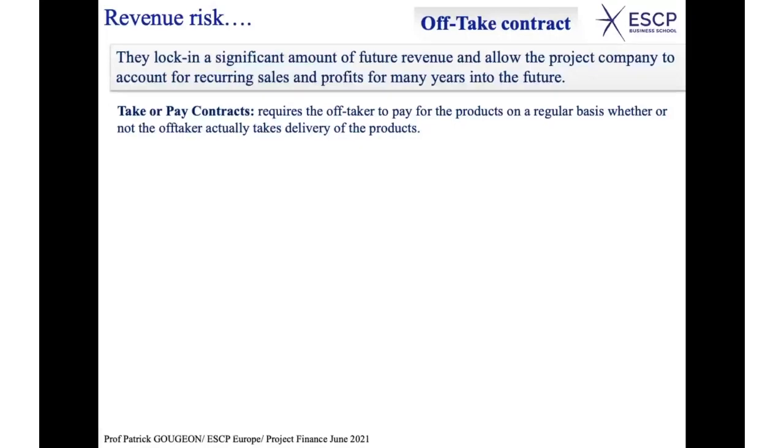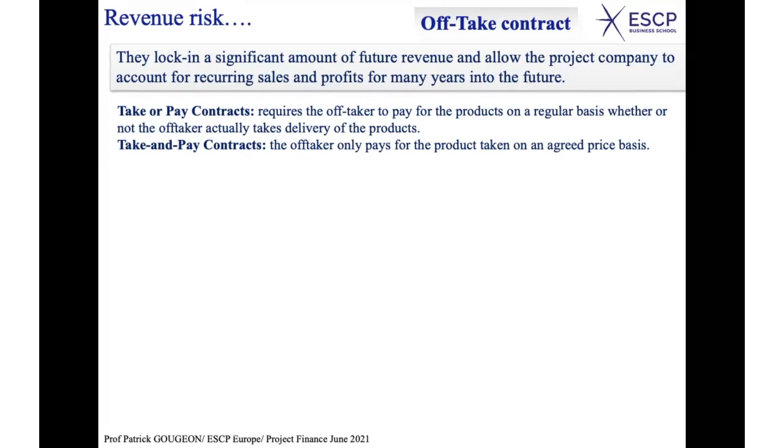This will typically be the case in the electricity business. Take and pay contract: the off-taker only pays for the product taken at an agreed price basis. So in this case, you don't guarantee that you will systematically buy, but each time you buy, you fix the price at which you will pay for the service or the good.